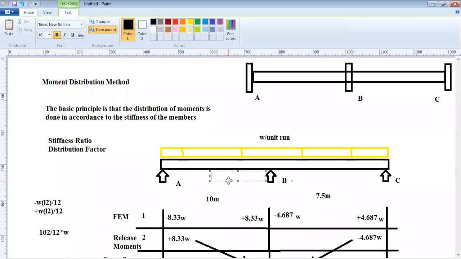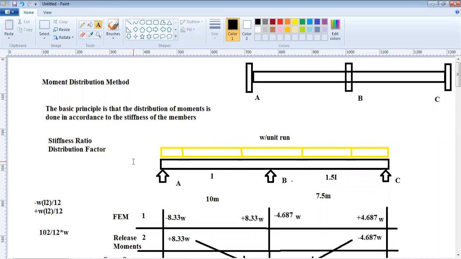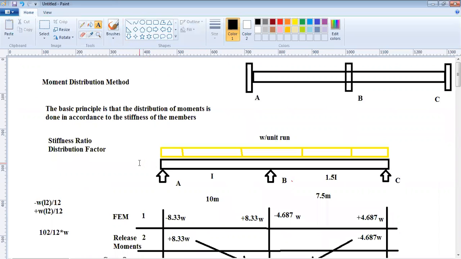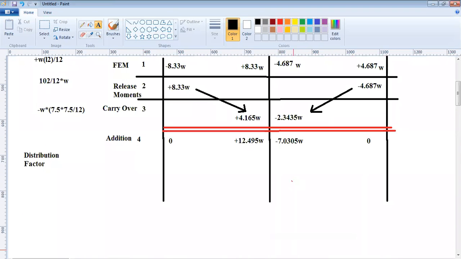For example, this beam's AB portion has a moment of inertia of I, and the BC portion has a moment of inertia of 1.5I. Now tell me, what is the stiffness of these two and what will be the distribution factor?